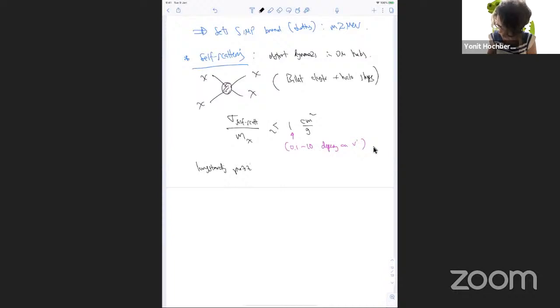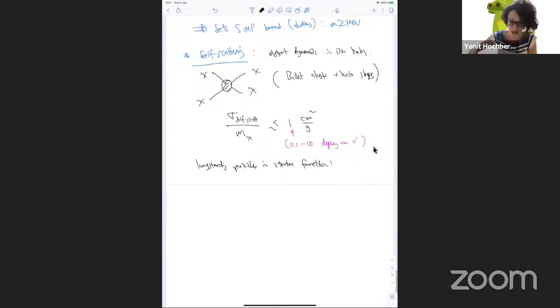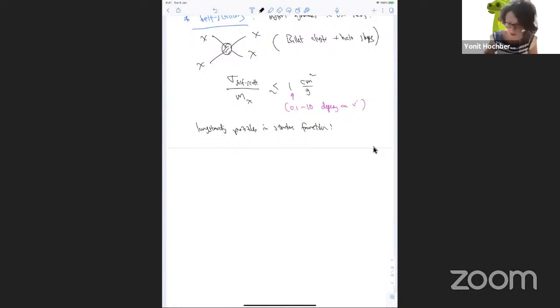I'll give you the names in case you ever hear of them. One is called core versus cusp, and the other one is called too big to fail.